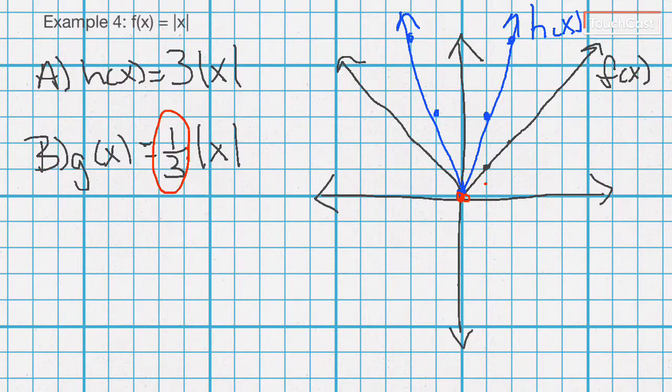So instead of guesstimating where that is, I'm going to go straight to 3, because I know 3, 3 is going to switch to 3, 1. We're going to divide 3 by 3. And then at 6, we're going to go to 2. And then we're going to do the same thing. At negative 3, we're going to go to negative 1, and at negative 6, we're going to go to 2.